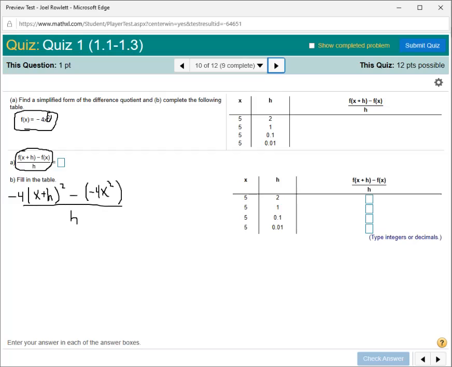Now, if I take x plus h and square it, that's the same thing as x plus h times x plus h.